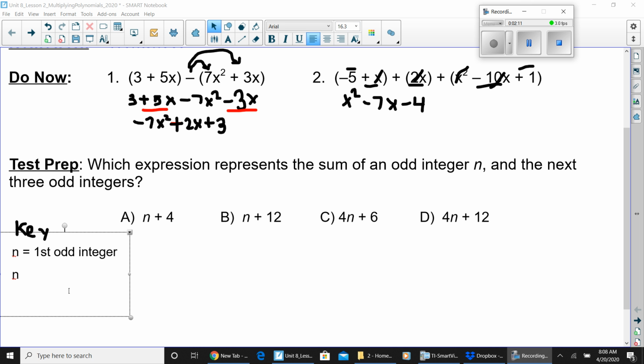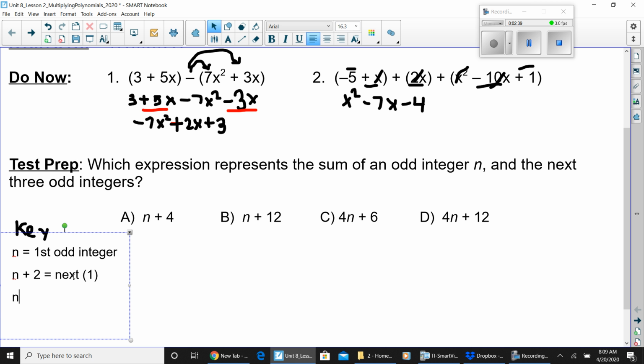The next odd integer, so say if the first odd integer is 3, the next odd integer would have to be 5. All right, so it would always be plus 2 as the next. And they want the next 3. So I'm just going to put a 1 there to remind myself.